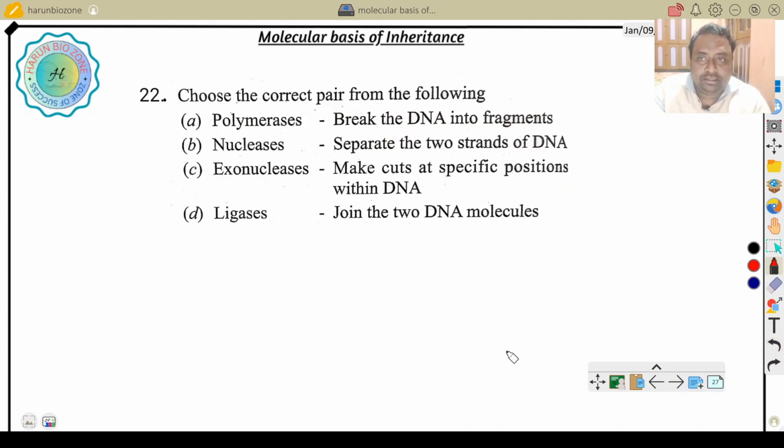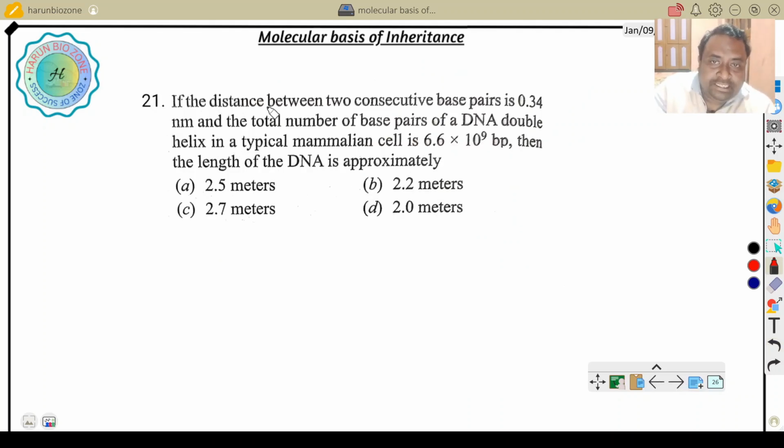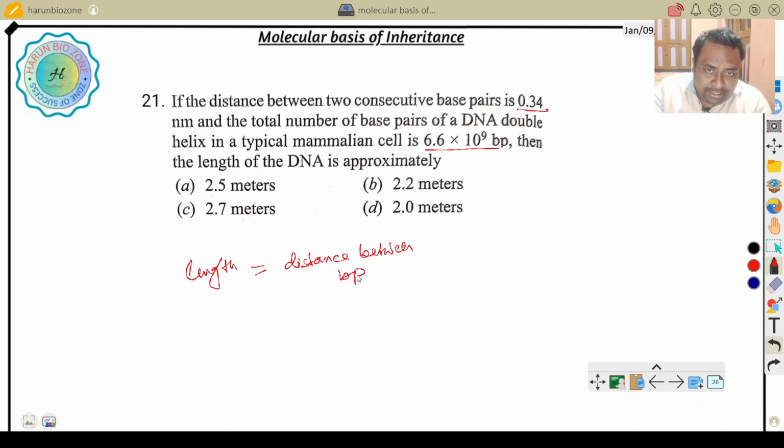Next question. If the distance between two consecutive base pairs is 0.34 nanometer and the total number of base pairs of the DNA double helix in a typical mammalian cell is 6.6 into 10 to the power 9, then the length of the DNA is equal to the distance between base pairs times the total number of base pairs. So 0.34 into 6.6 into 10 to the power 9.